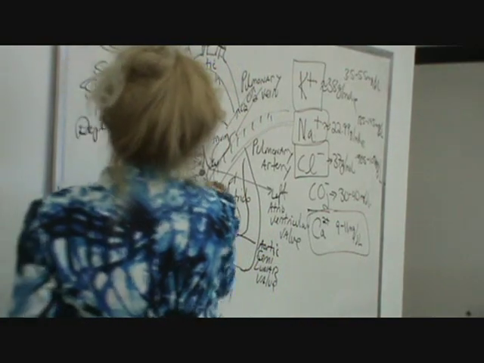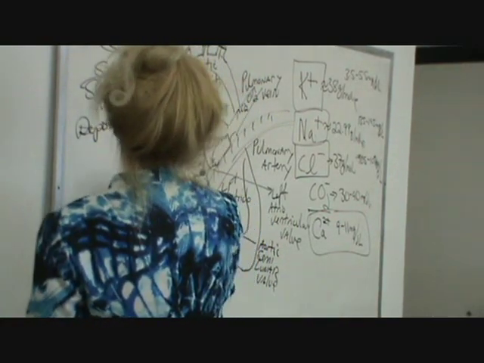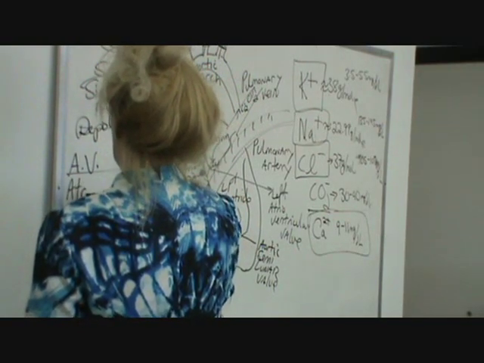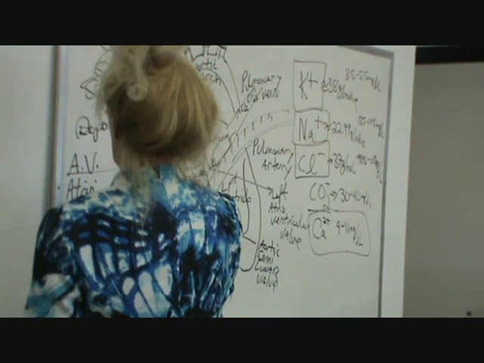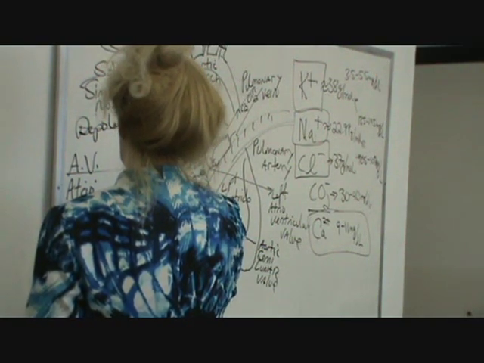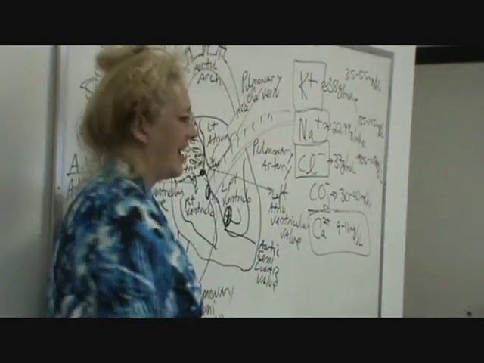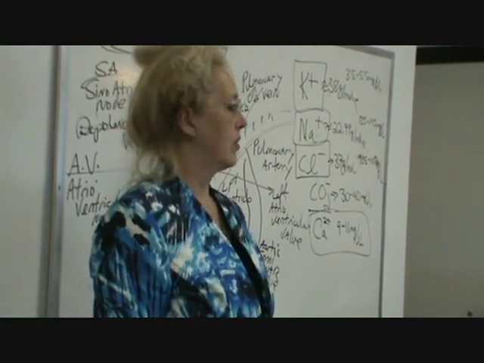So we have this little node right here, and that is called our AV node, or atrioventricular node.